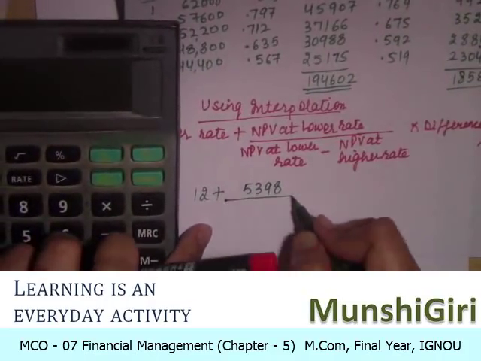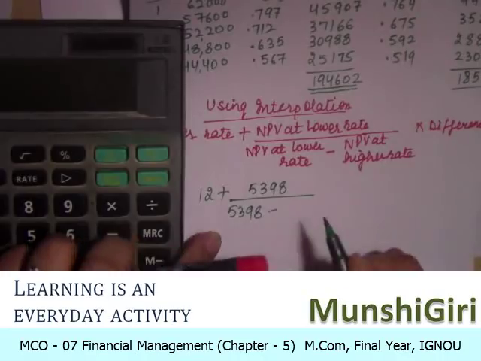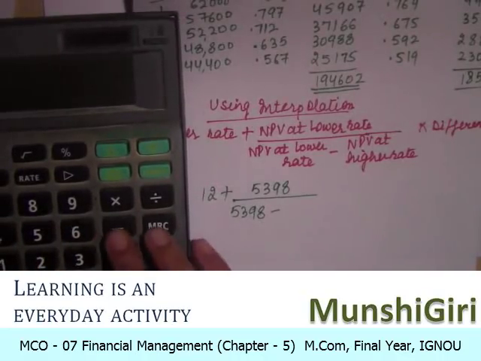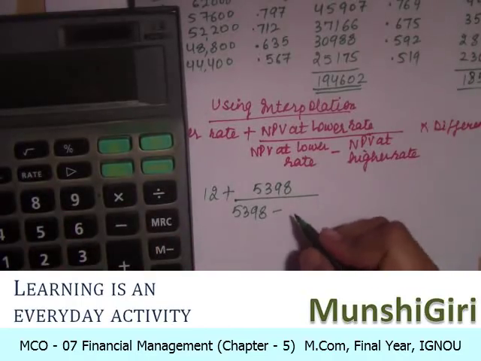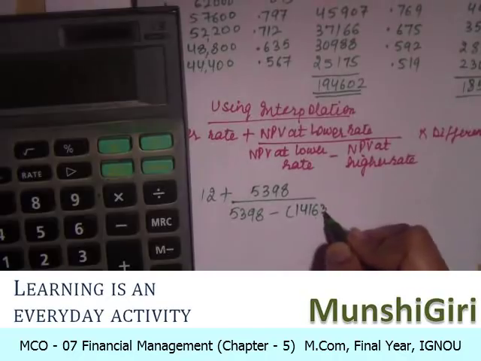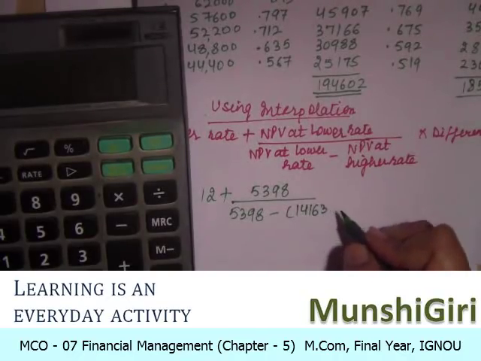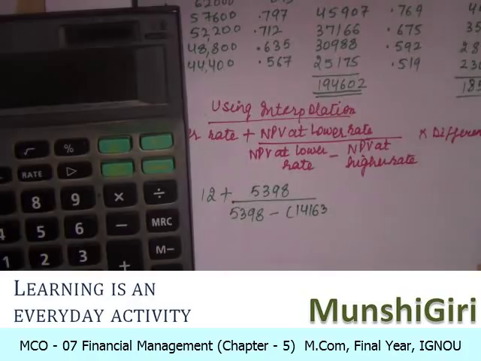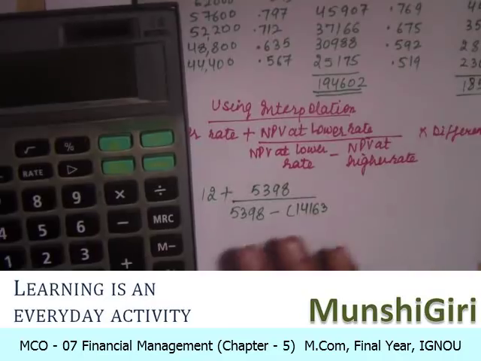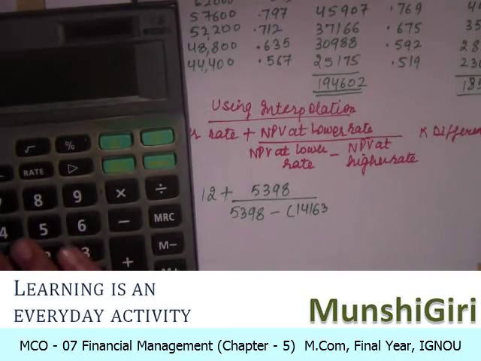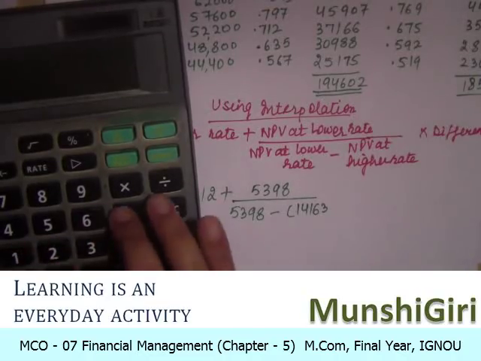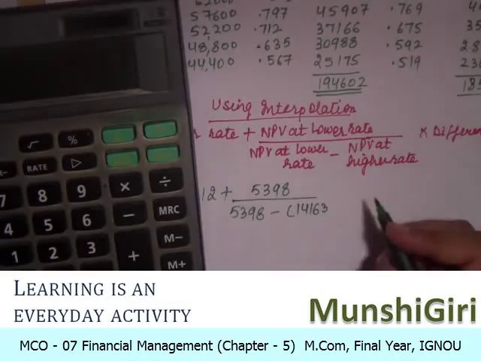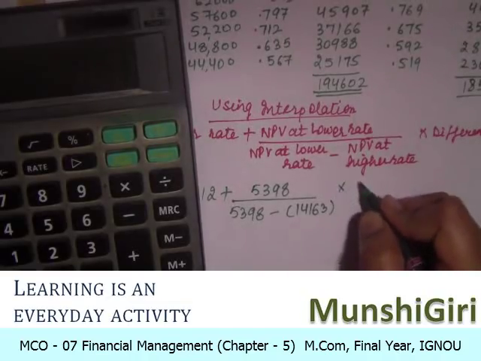Divided by NPV at lower rate, this is the same, and NPV at higher rate, 2 lakh minus 185,837 is 14,163, into difference in rates, which is 2.